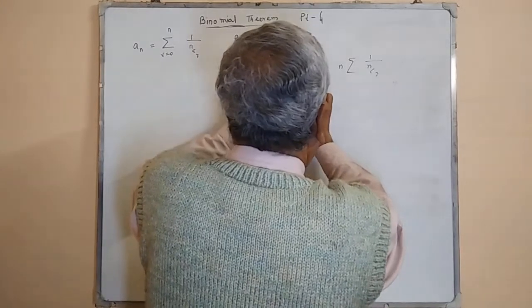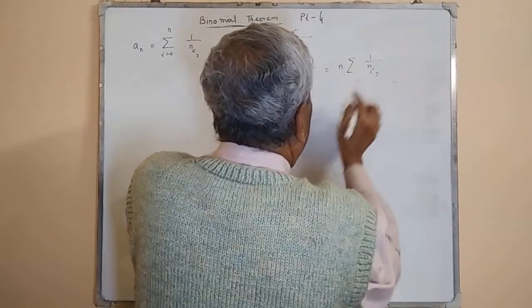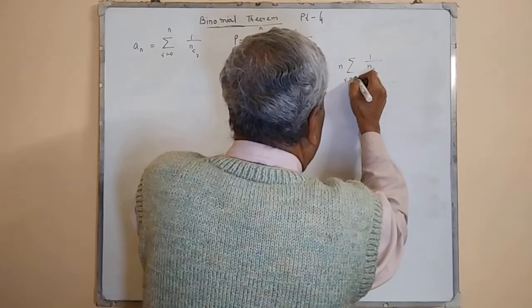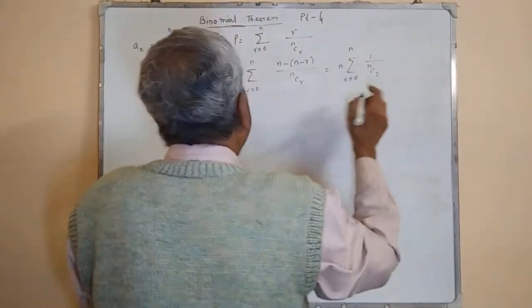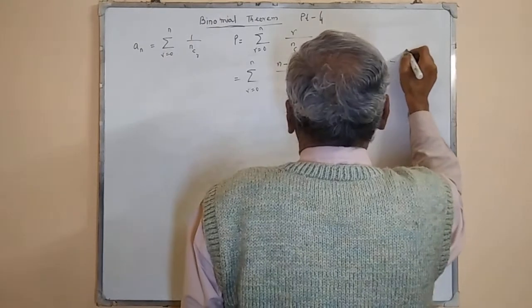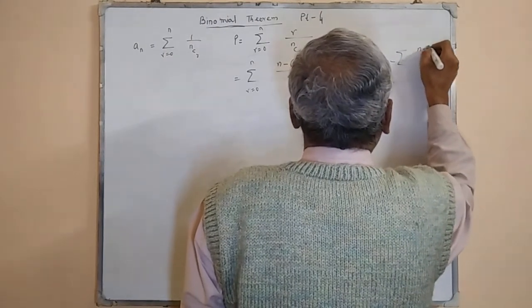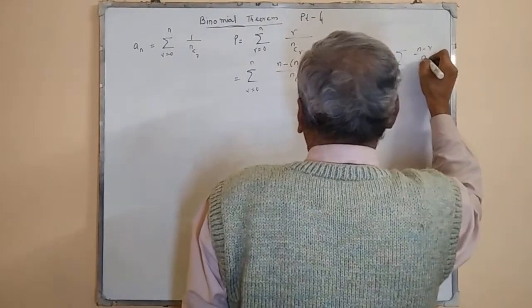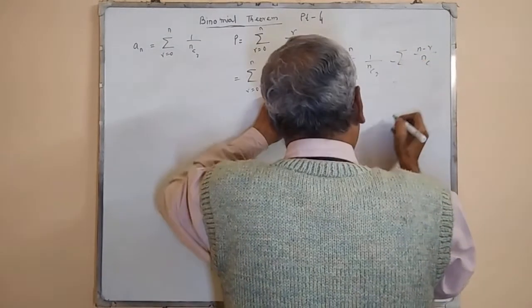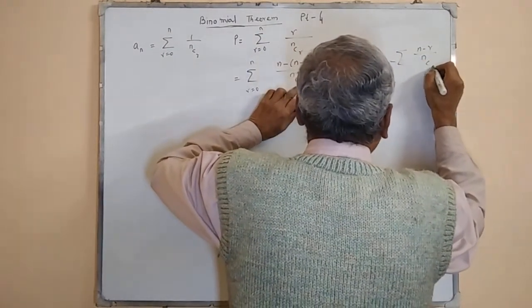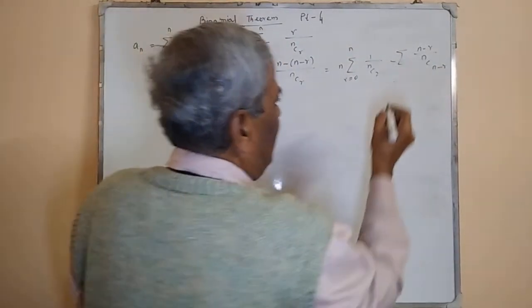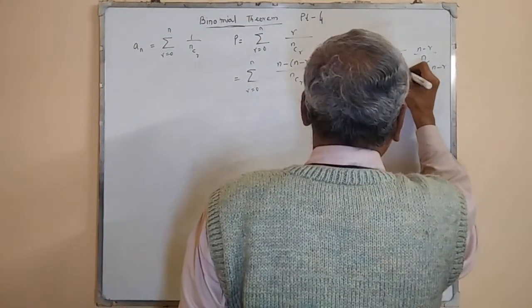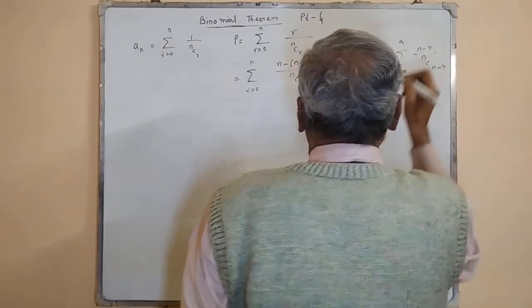N is taken outside because here the variable is r, not n. N is fixed. That's why it is taken there. Minus sigma of r by nCr. But nCr and nC(n minus r) are the same, and it also ranges from 0 to n.